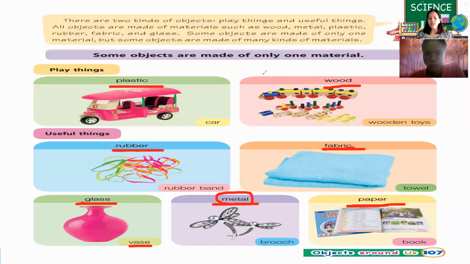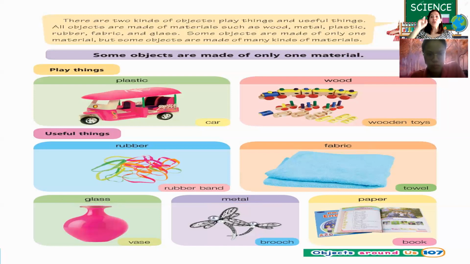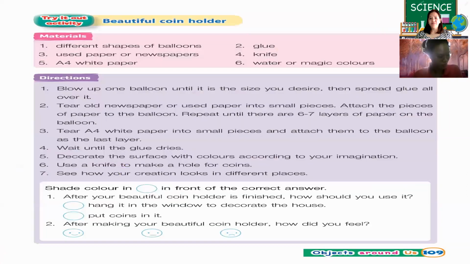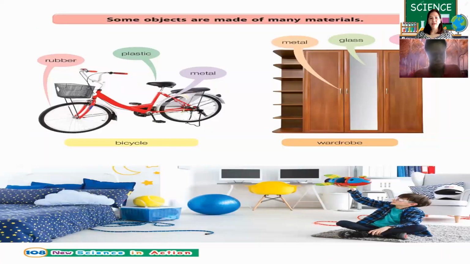Okay, so let's see if we have some things that are made of two or more materials. Turn to page 107. Some objects are made of many materials. Example number 1, bicycle. Look at the arrows. We have here rubber, because of the wheel.